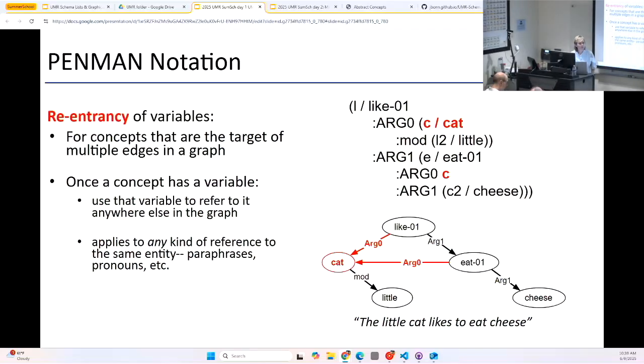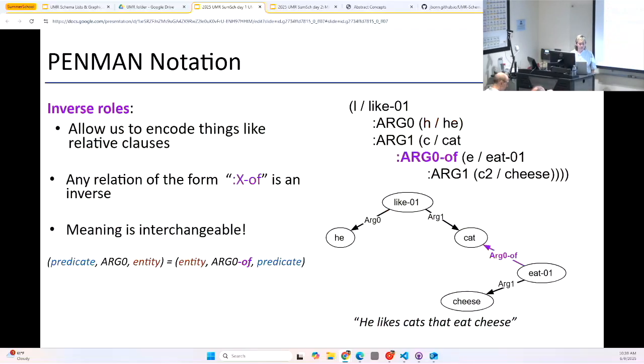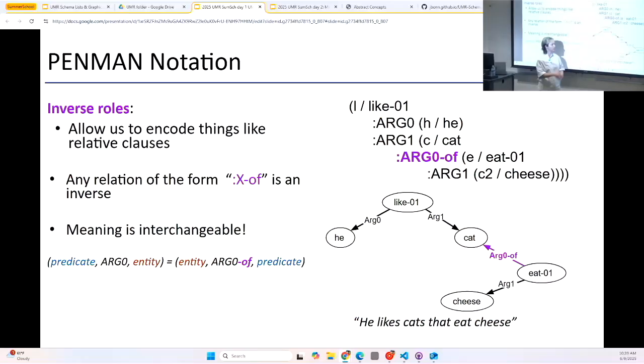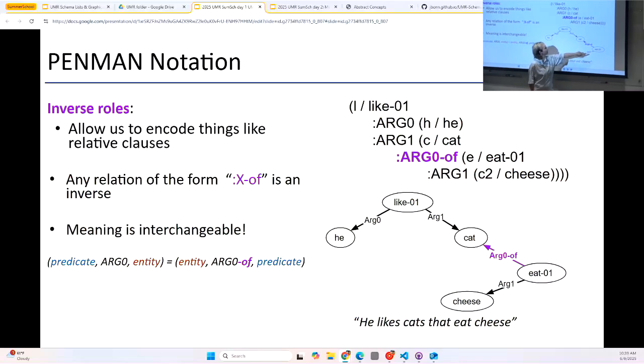So we keep getting a little bit more fine-grained with our general semantic roles. We have these inverses, which we mentioned before. These also help keep your graph having a single root. But like I said, you could have this up at the top and have two roots and have it just say Arg0 pointing down to cat, and it would be logically equivalent.